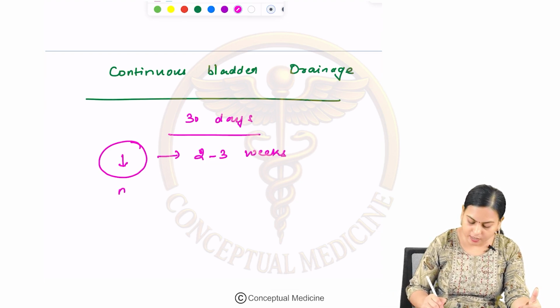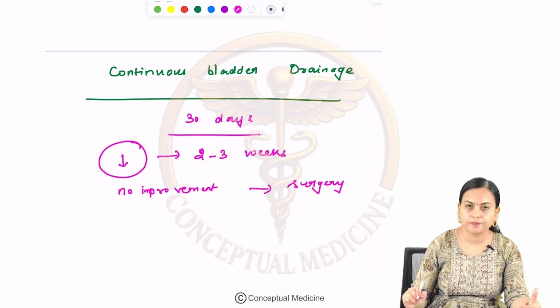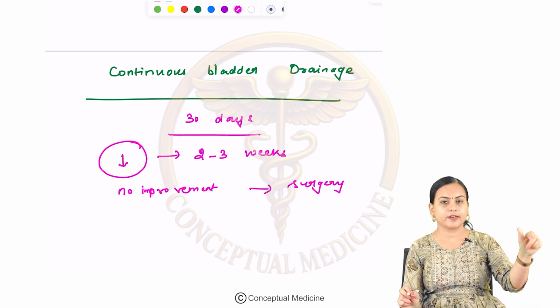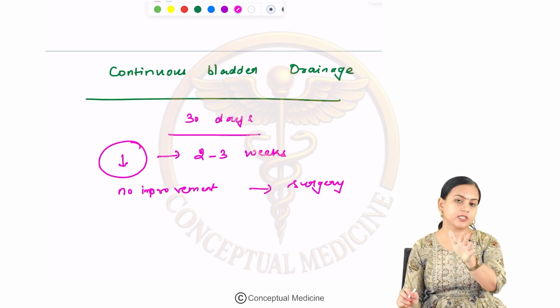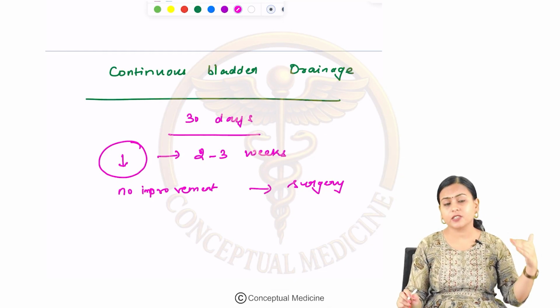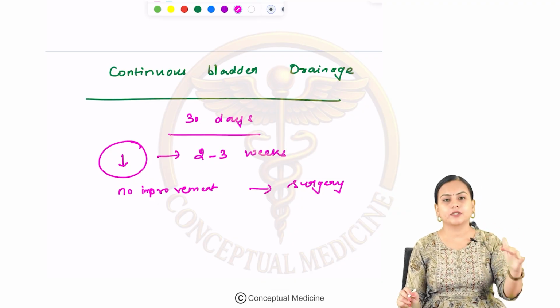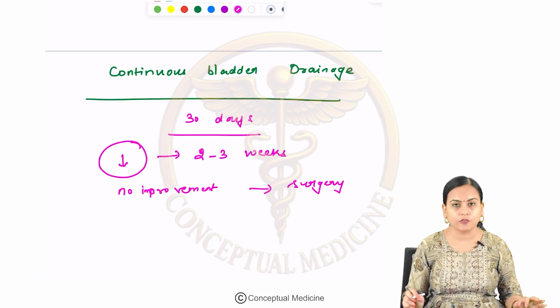Suppose if the fistula shows no improvement, then you have to plan for surgery. After 30 days, you are going to review the patient. If the size of the fistula has reduced, then you can offer CBD for another 2 to 3 weeks. And if there is no improvement, you will take her directly for surgery.